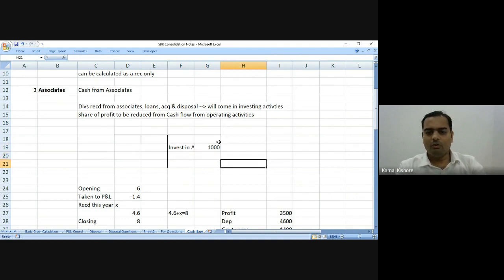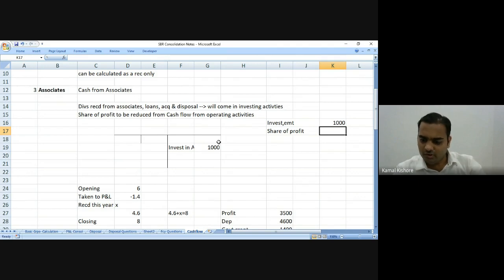Now this number will change by share of profit. Let's say your share of profit of that 30% is 300. This amount will come in the balance sheet and you will credit the P&L. This we have seen.